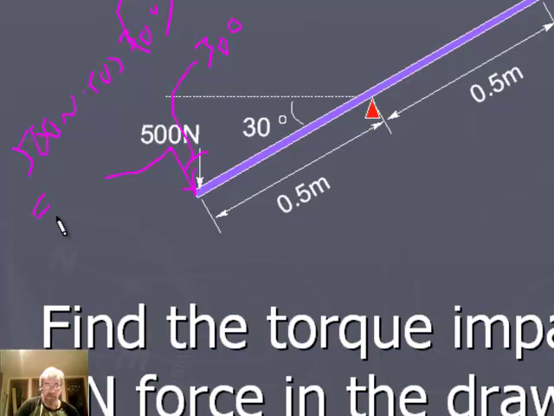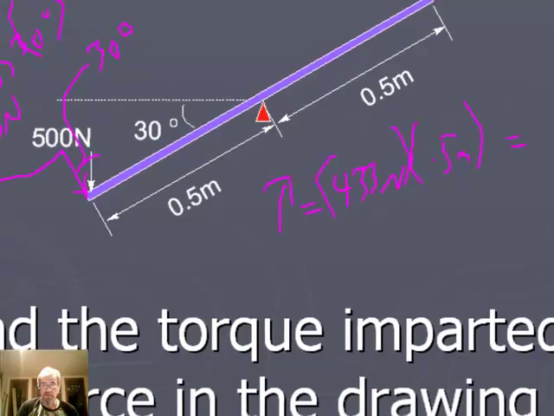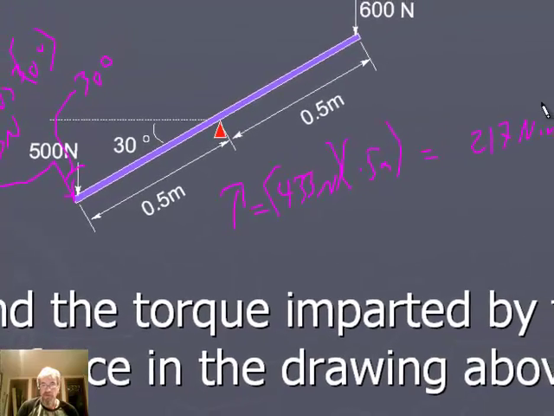And when you calculate that, you come up with 433 newtons. And so the torque, therefore, is going to be equal to 433 newtons times a lever arm, again, of a half meter. And that gives you a 217 Newton meter torque.